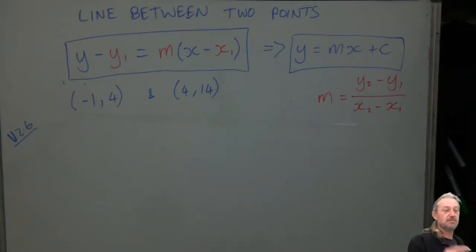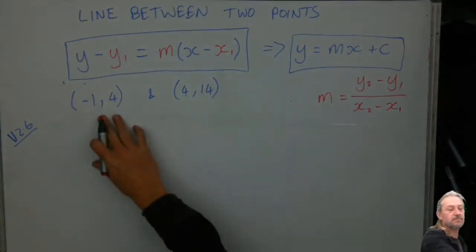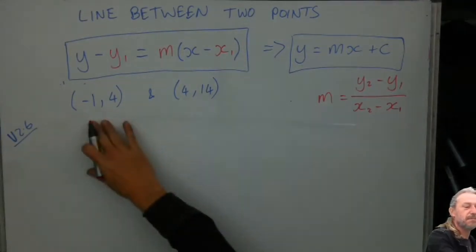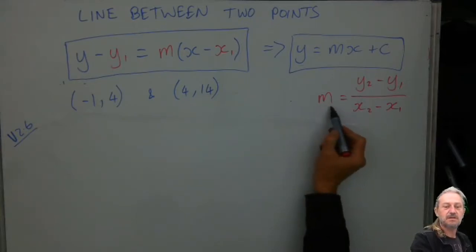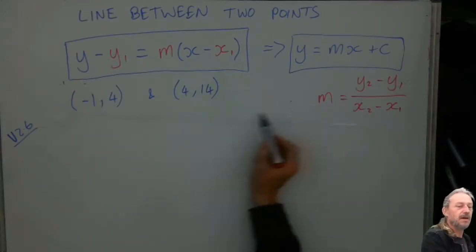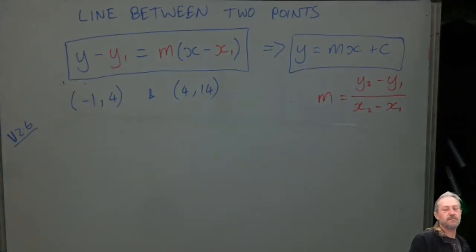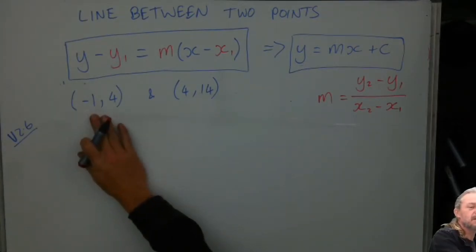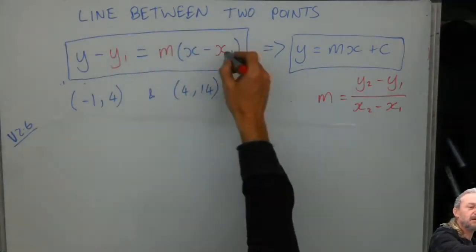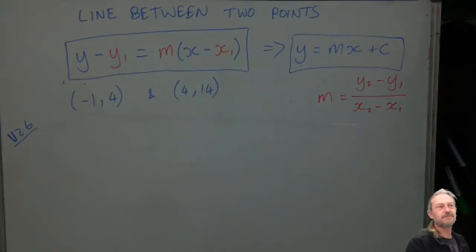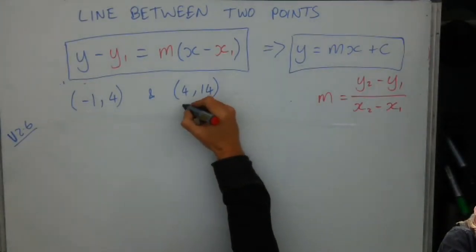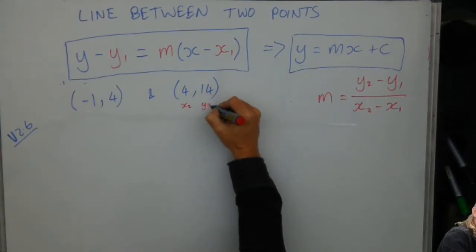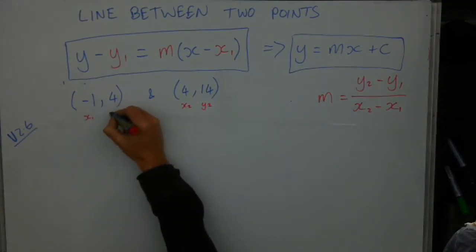Right, so we're given 2 points, so we're going to have to use both of these points with this equation first to find the gradient, and then we use one of these points. I like to use the one with the smallest numbers because it means that when we plug them in here, we've got less maths to do. So let's call this one x2, y2, x1, y1.